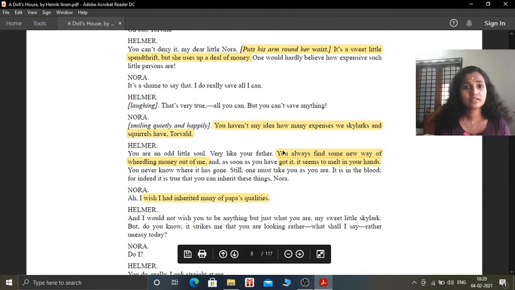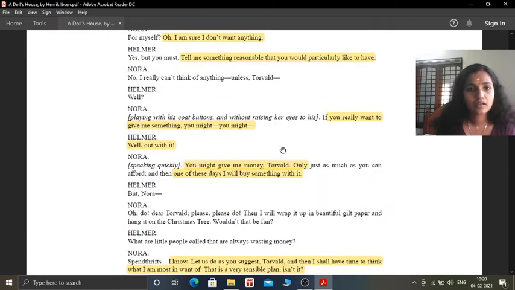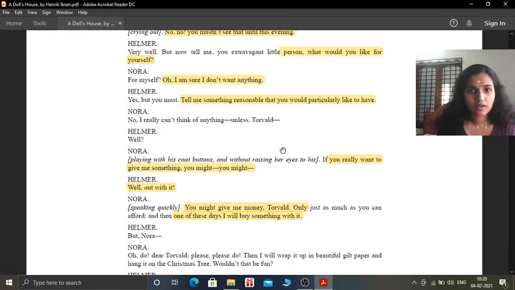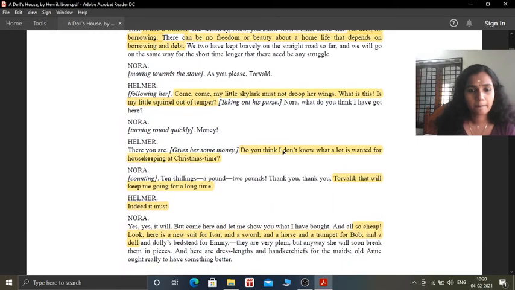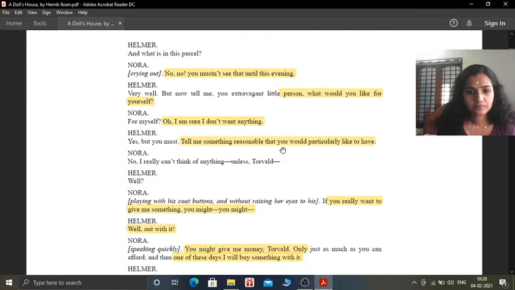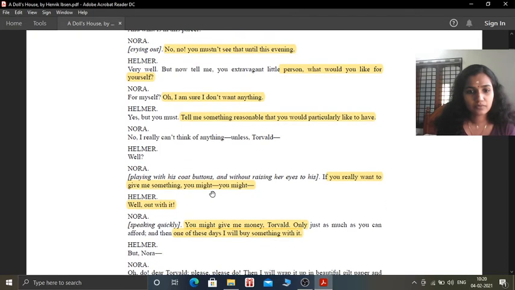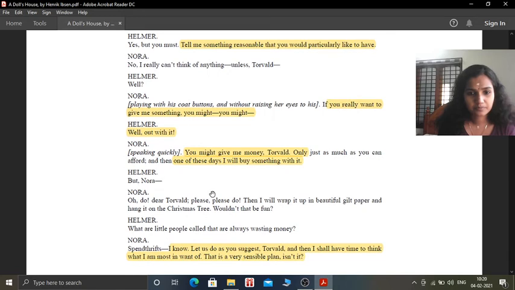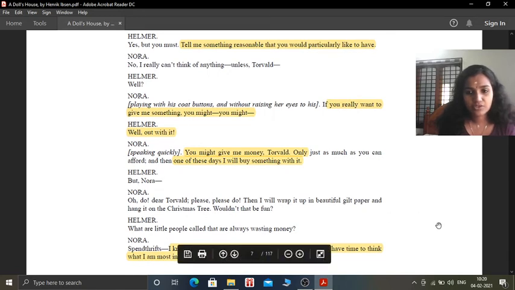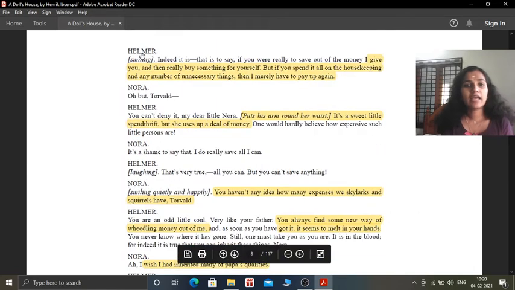Let us use suggest. And Helmer said that, indeed, it is.